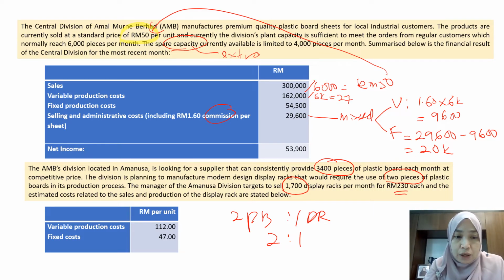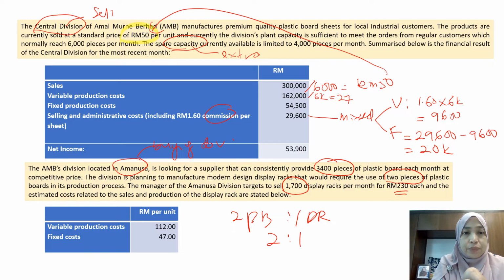The estimated costs related to the sales and production of the display rack are stated below. Variable production cost 112, fixed cost 47 ringgit. So in this case, Amanusa division is our buying division, and central division is your selling or giving division.